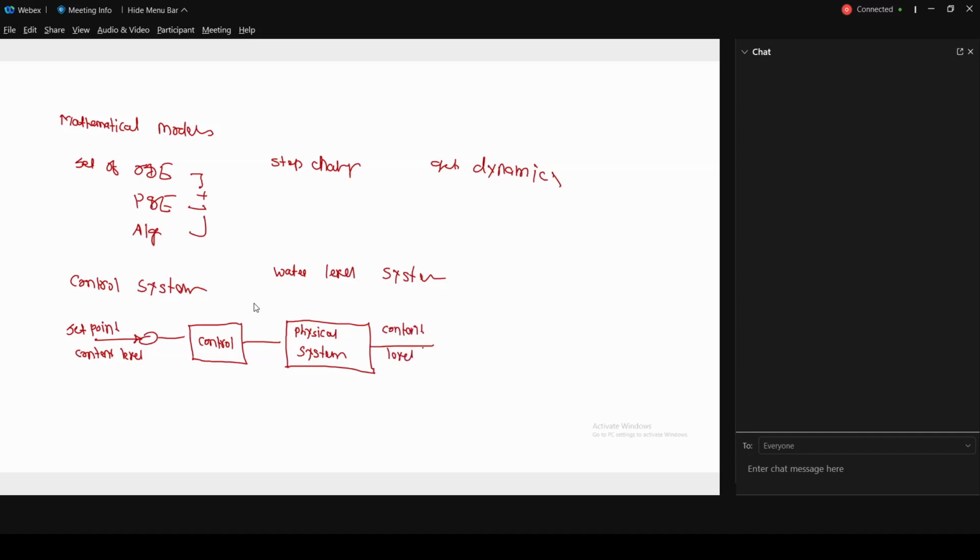You need some measuring equipment which measures your content level.